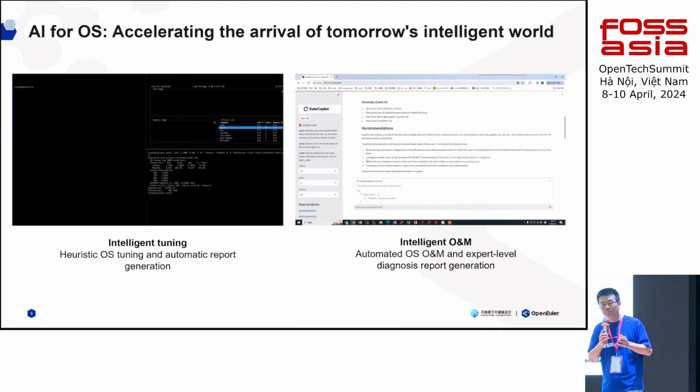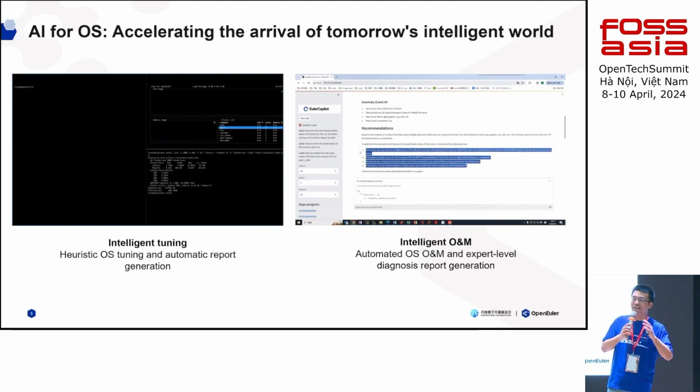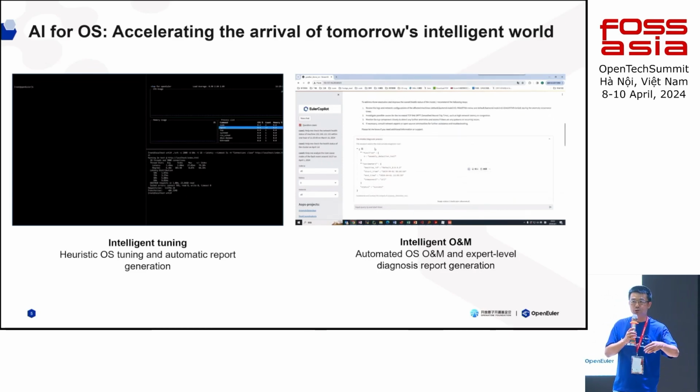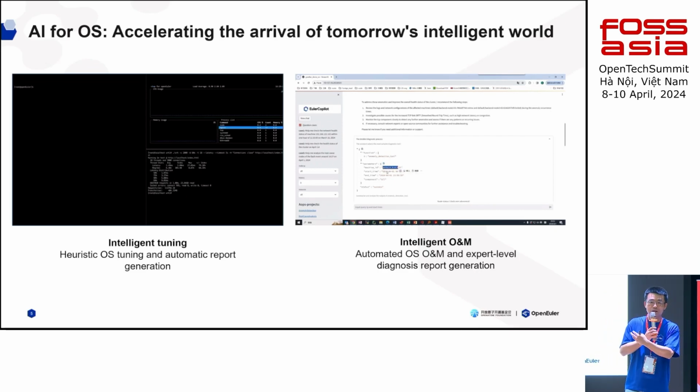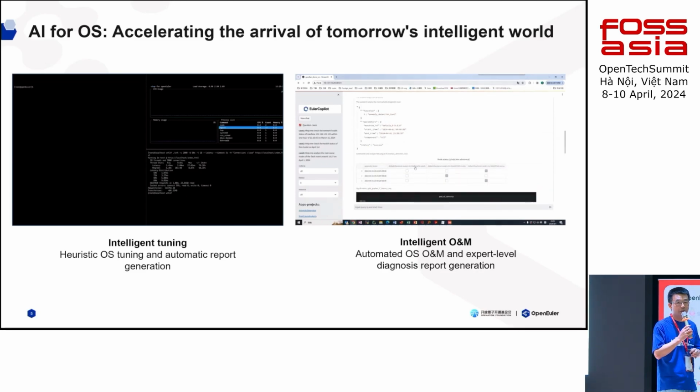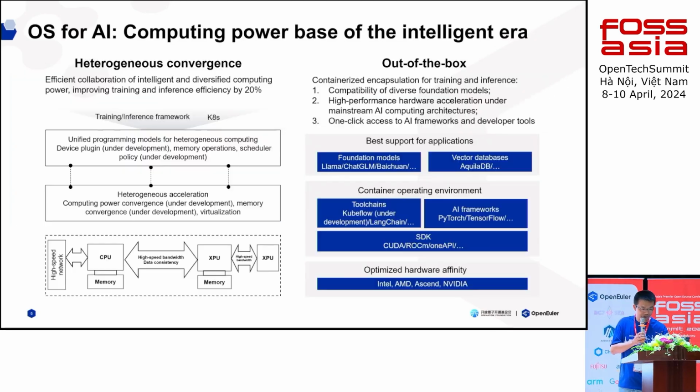And then maybe in the next decades, the interface between human beings and the operating system will change a lot. You don't need to know a lot of detailed shell commands or remember all of those things. You may use natural language to talk with the operating system and let it do what you want. That is, I think, the big change for operating systems.